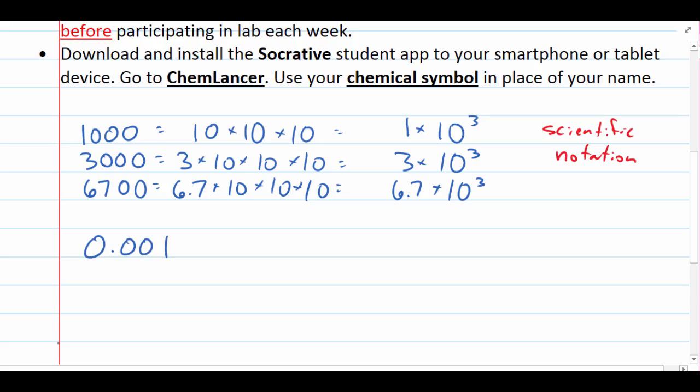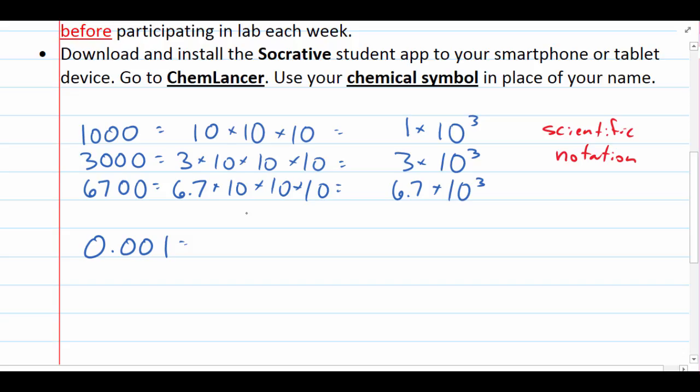We can also do it with smaller numbers. So now before we write this out in scientific notation, let's just talk about how we read this number. If we look at this number, how would we read it? This would be 1/1000th.